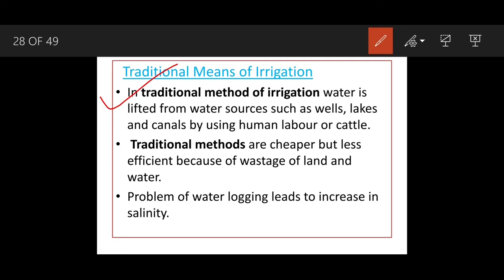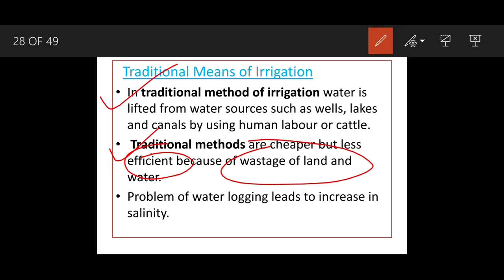Now the next point, traditional methods are cheaper. Definitely to dig a well, it's very cheap, but at the same time they are less efficient. They are not very efficient, so efficiency is lacking. And there is wastage of land and water. Like the canal, the area near the canal often gets flooded, and salinity increases and makes the soil infertile.